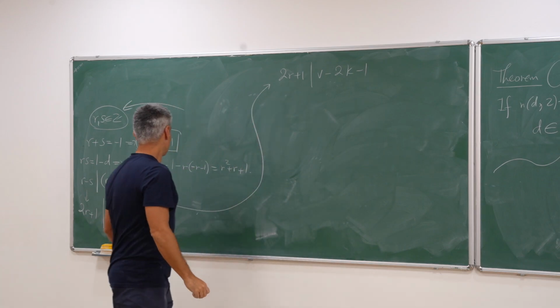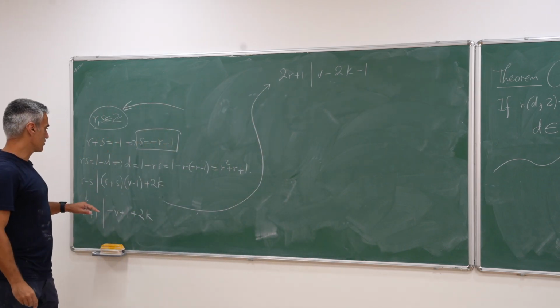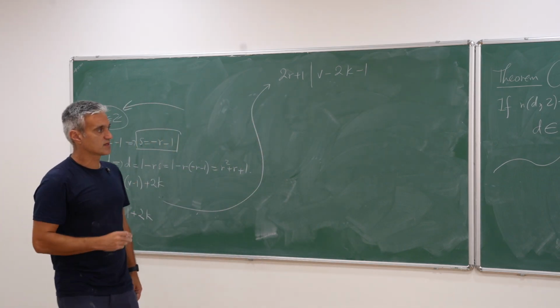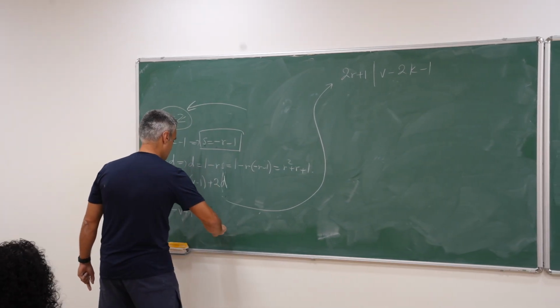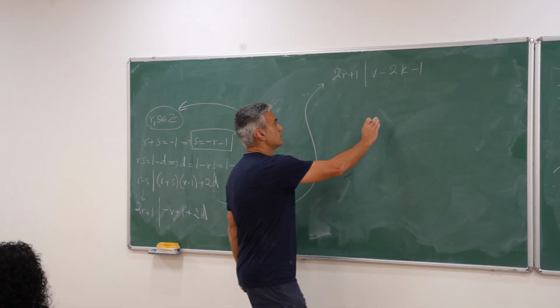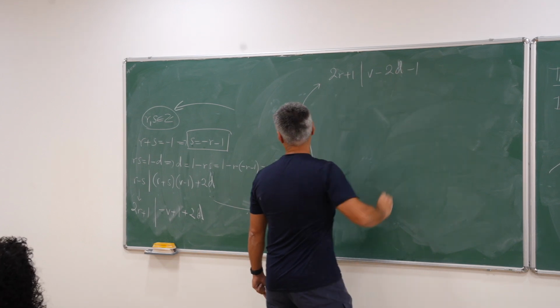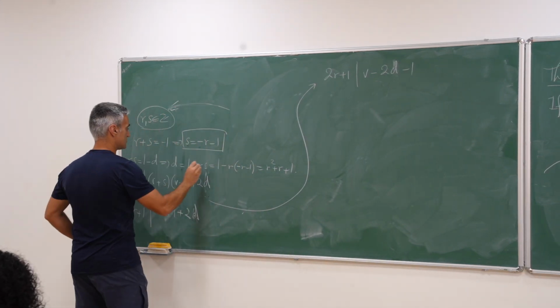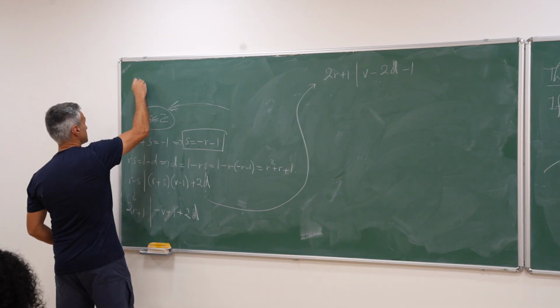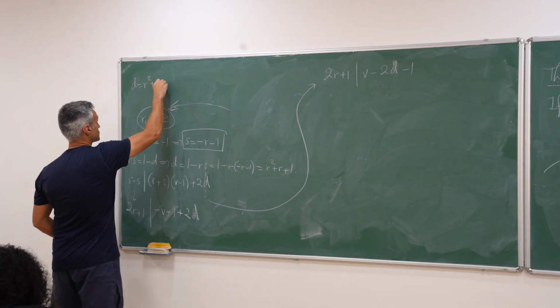Now, the K for me is the degree, so that's going to be D. D I just calculated, D is R squared plus R plus 1.